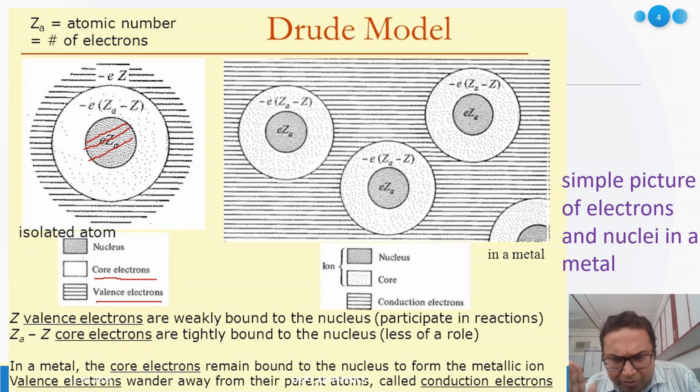So let's forget about this 3s1. Then these 10 electrons, that means 1s2, 2s2, 2p6, altogether can be considered core electrons.